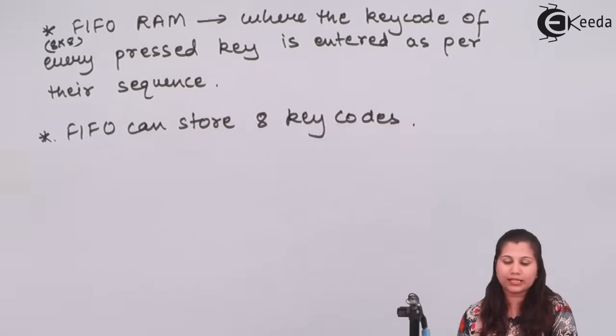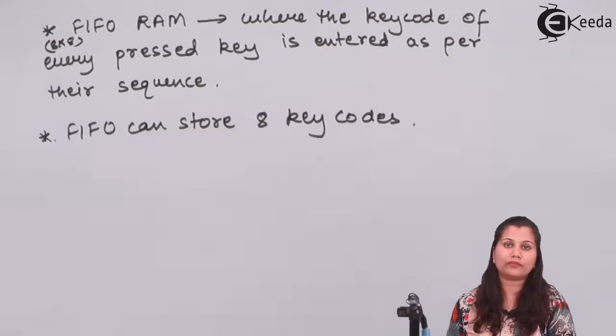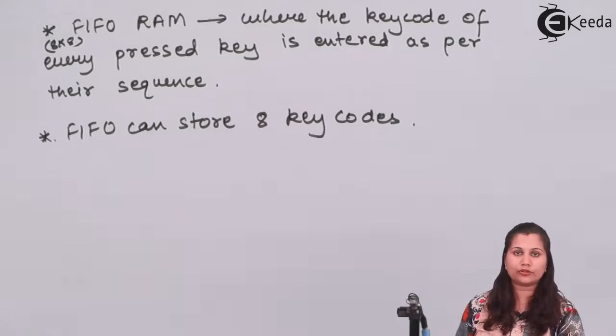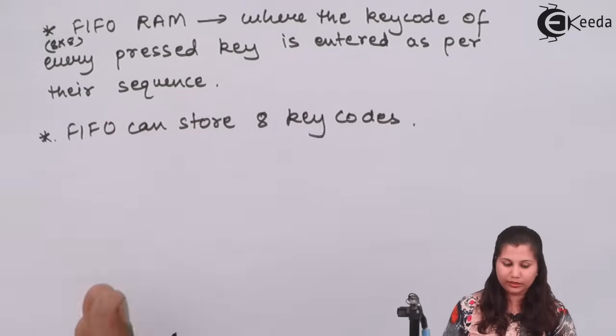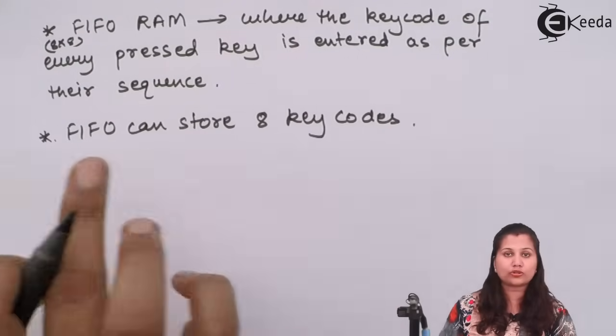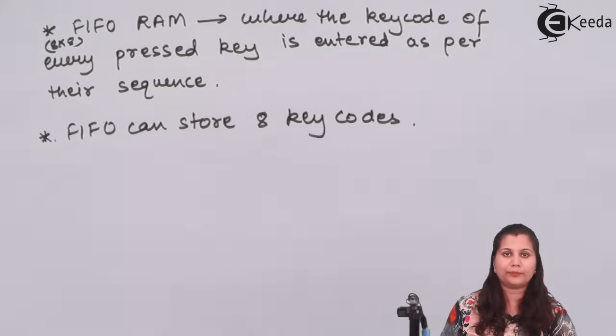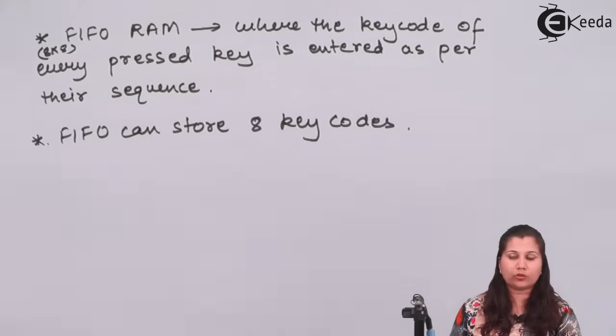And these key codes, along with the status of the shift and the control key, are also stored in the FIFO RAM. So the key code along with the status of the control and the shift key are simultaneously stored in the FIFO RAM.